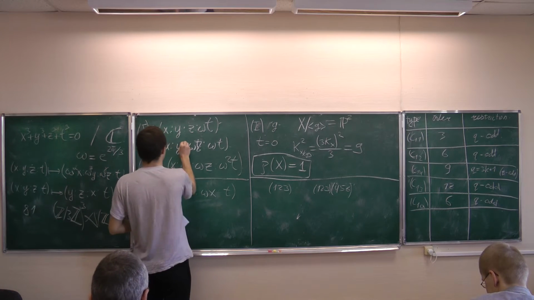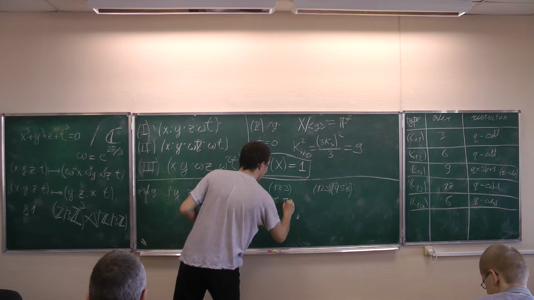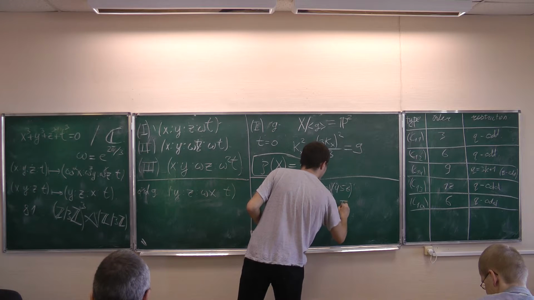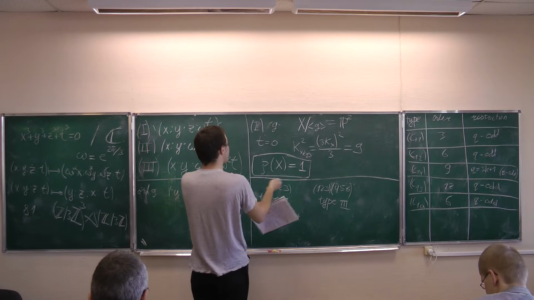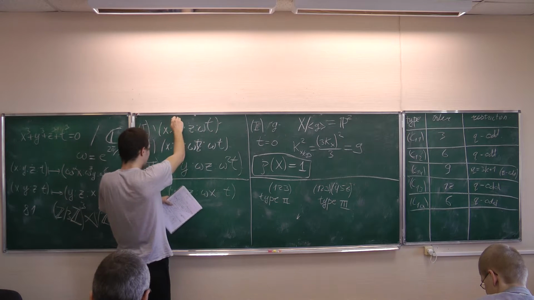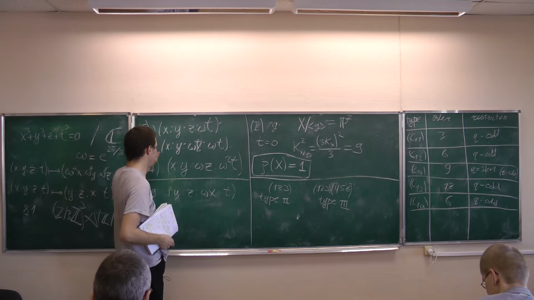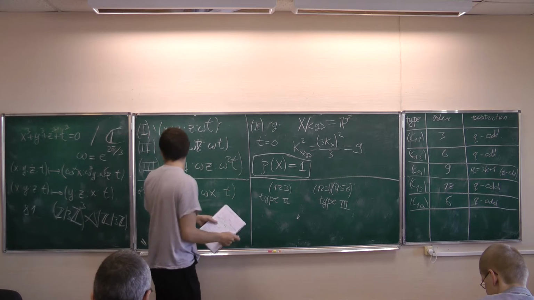So actually, this action is type 2, and this action is type 3. Since they are not conjugate between themselves, and they are not conjugate to type 1, we have only two possibilities, this and this. What can we say in each of these cases?